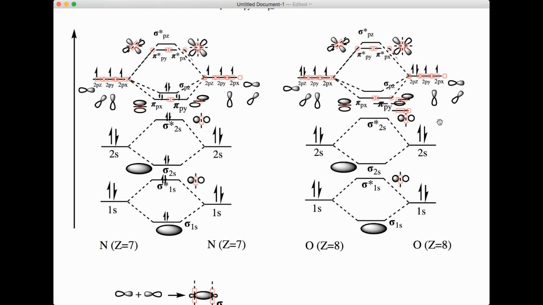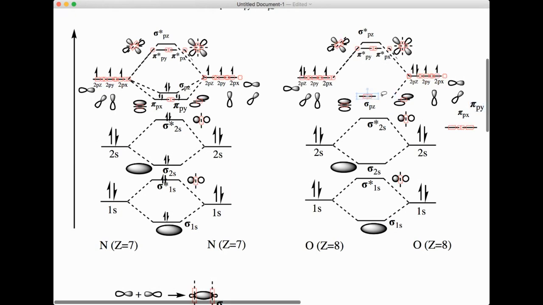So guys, here is what happens, okay? Because oxygen, once again, has an atomic number of 8, what's going to happen here is that the sigma 2pz is going to be lower in energy than the pi 2py and 2px. That's the difference.